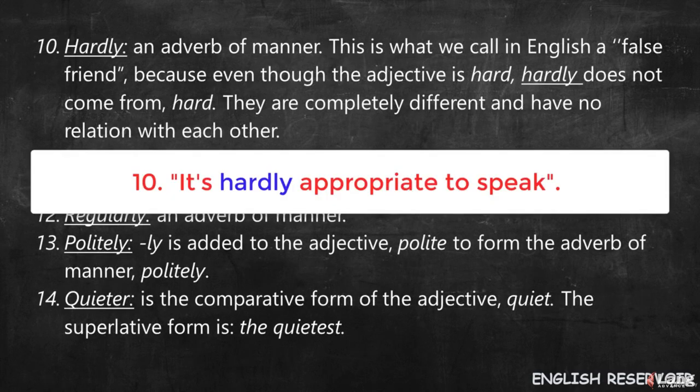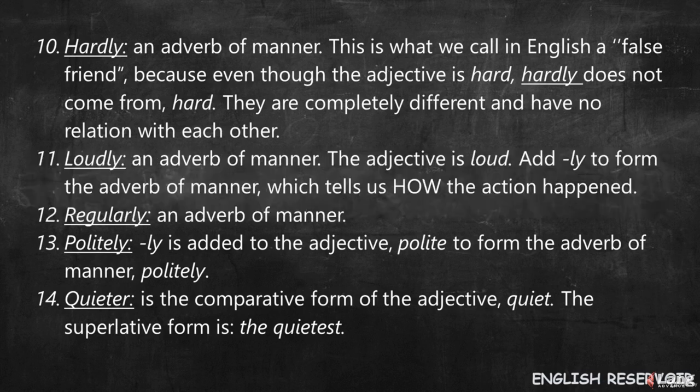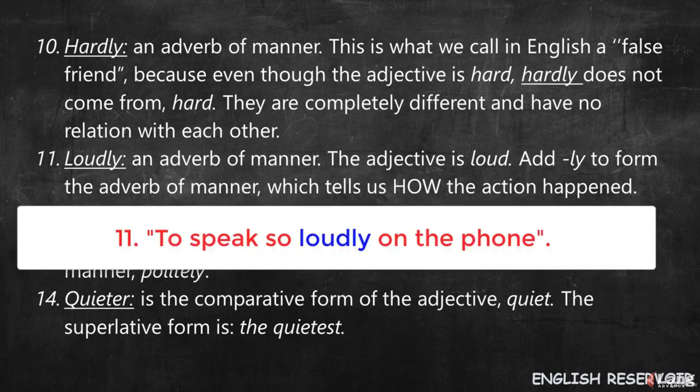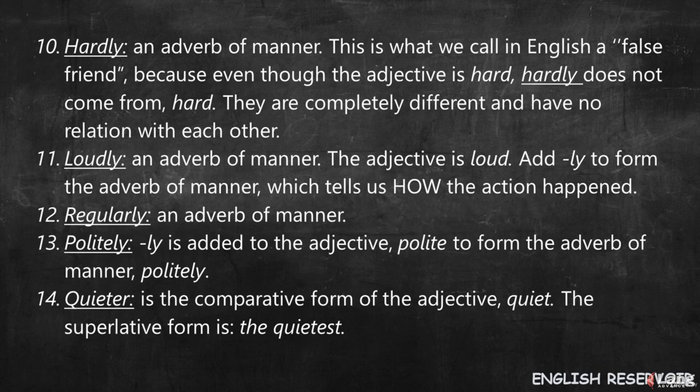10. Hardly, an adverb of manner. This is what we call in English a false friend, because even though the adjective is hard, hardly does not come from hard. They are completely different and have no relation with each other. 11. Loudly, an adverb of manner. The adjective is loud. Add ly to form the adverb of manner, which tells us how the action happened. 12.